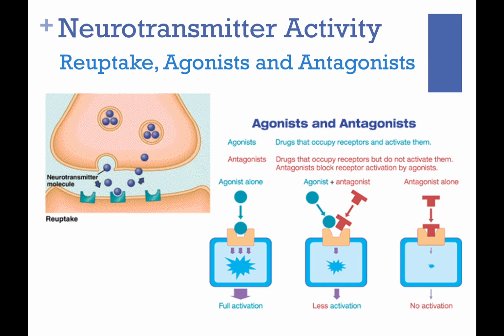Something that's an antagonist is essentially close enough to fit into the receptor site in between the two neurons, but it's not chemically pure enough to activate the neuron to fire. So that would be more like something like marijuana as opposed to an opioid. What it does is it blocks cannabinoids, right? It blocks the ability to release dopamine in certain parts of the brain.